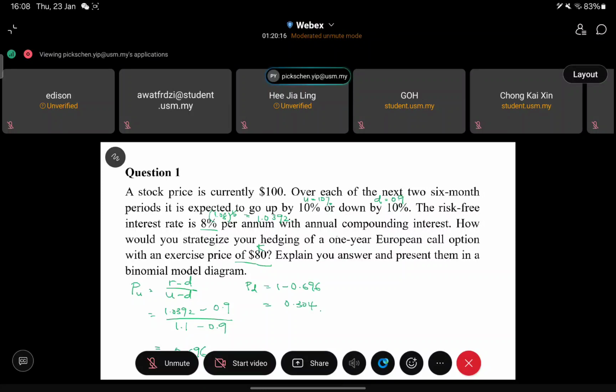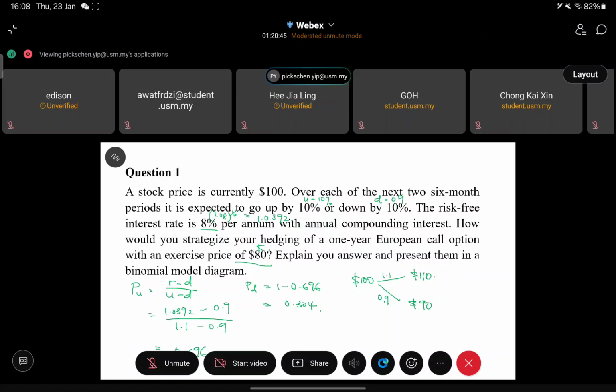Once you have this, you can form the stock price tree and also the call price tree. The stock price either goes up by 10%, so you will have 110, or goes down by 10%, so it is equal to 90.